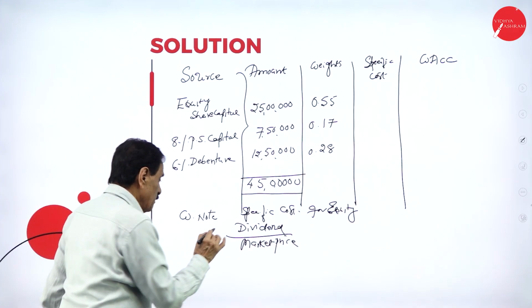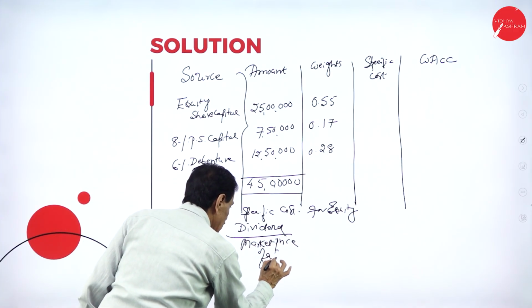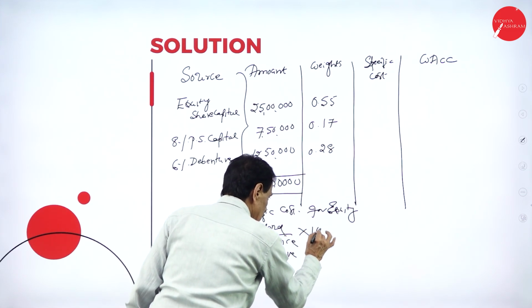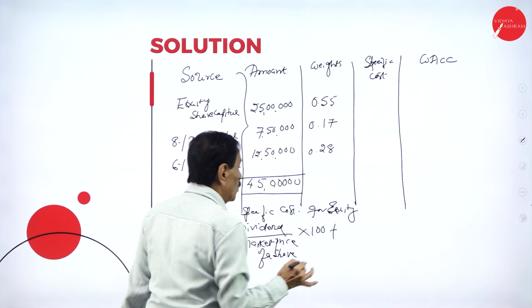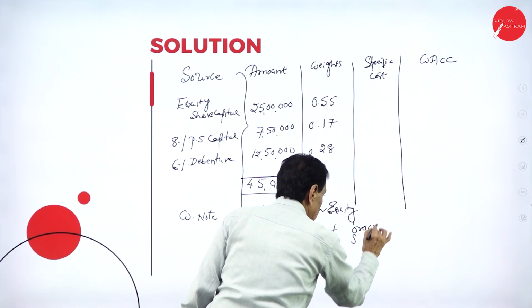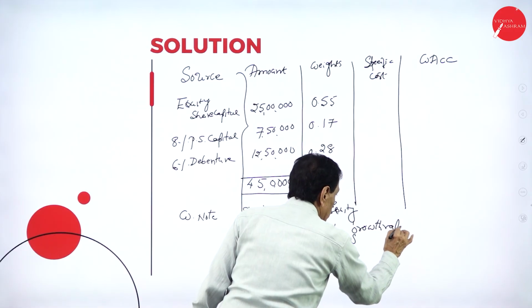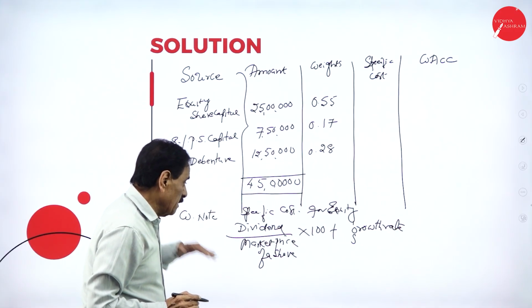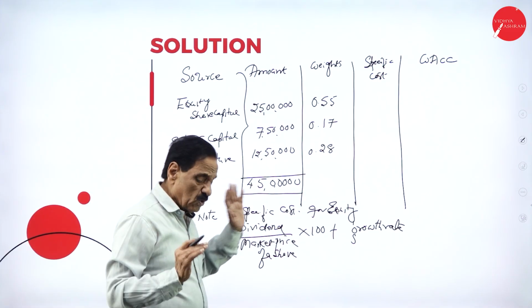Dividend divided by market price of a share into 100 plus growth rate.